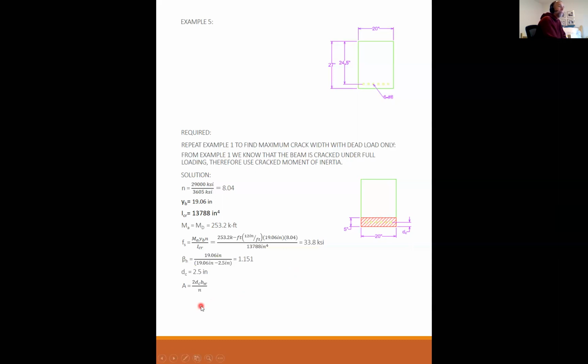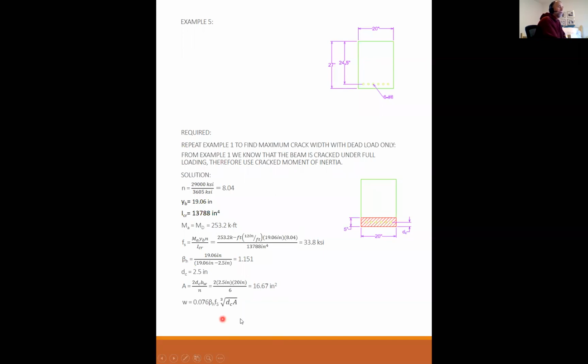So A is going to be 2 times DC high, or 5 inches high, times the width of the beam, and then you divide by the number of bars. So it's kind of like the effective area of concrete in tension per bar. It's kind of weird, but that's how they do it. So 2 times 2.5 high by 20 inches wide divided by 6 bars gives me 16.67 inches squared.